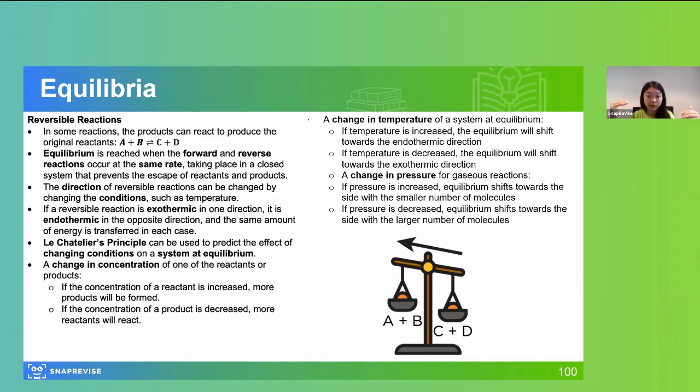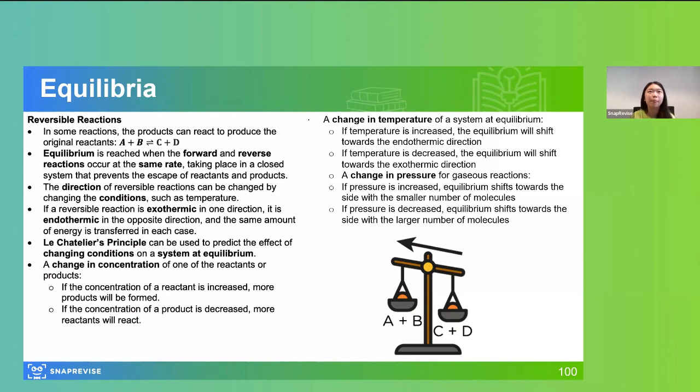So that's concentration. Temperature. If temperature increases, it's going to go towards the endothermic direction. And if it decreases, it's going to go towards the exothermic direction. When you're given a question, either they will tell you which direction is exothermic and endothermic, or you have to figure this out on your own by looking at the numbers.